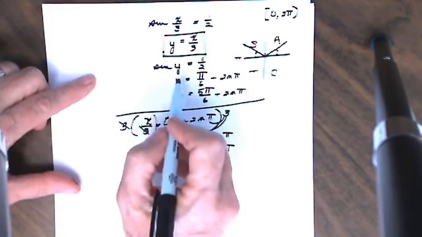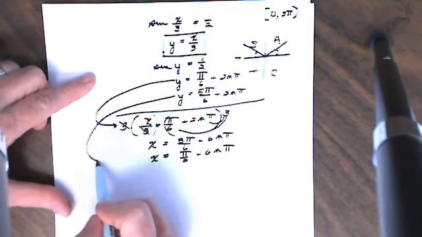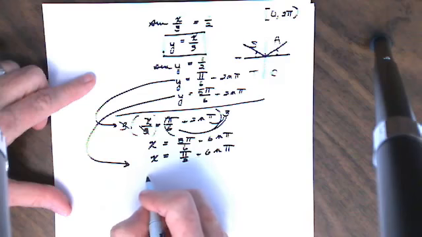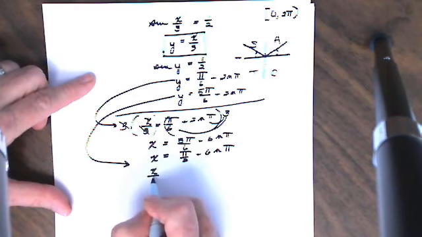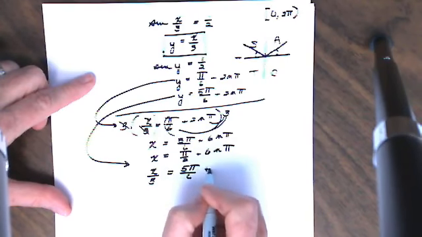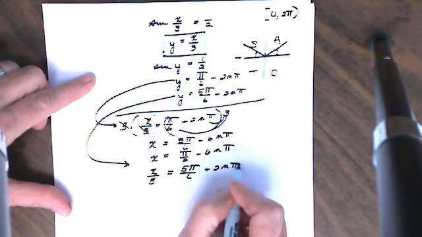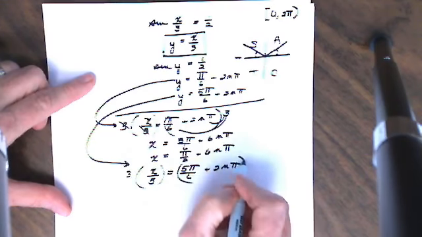That was for my first answer, but I have a second answer, and now I'm going to work on it. I'm going to replace y again with x over 3 is equal to 5 pi over 6 plus 2n pi. And again, I'm going to multiply both sides of my equation by 3.